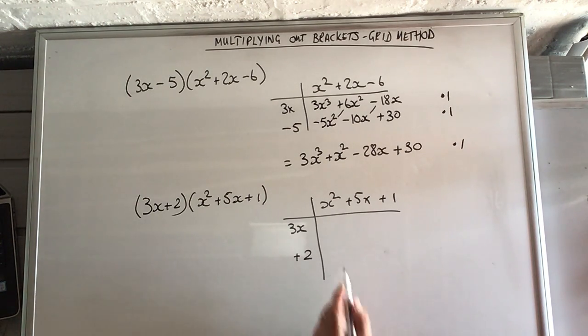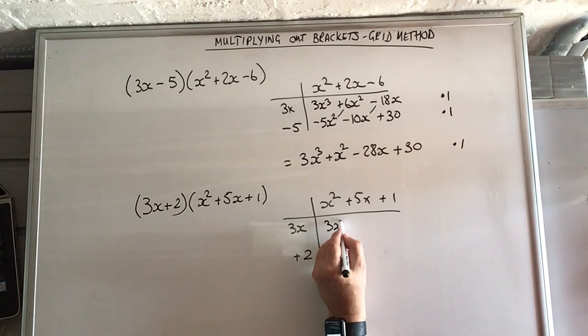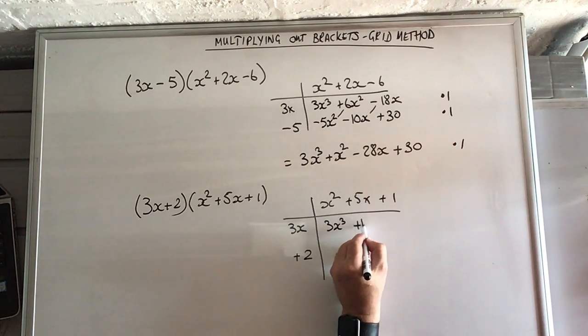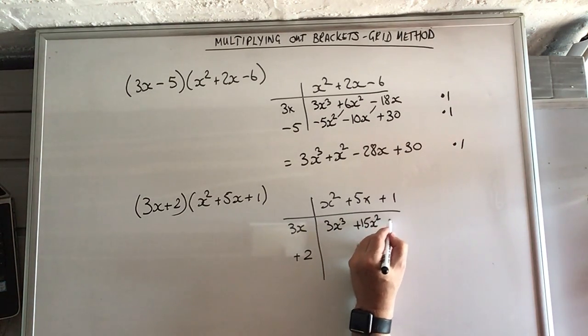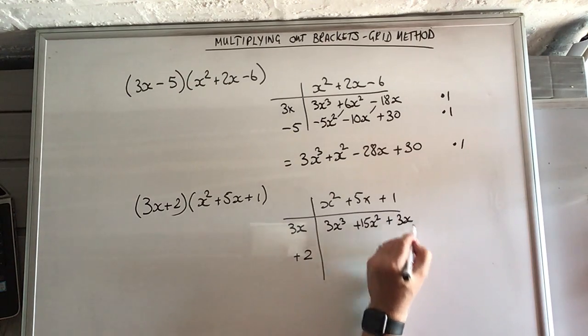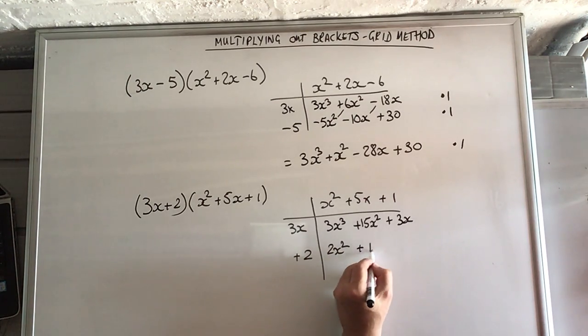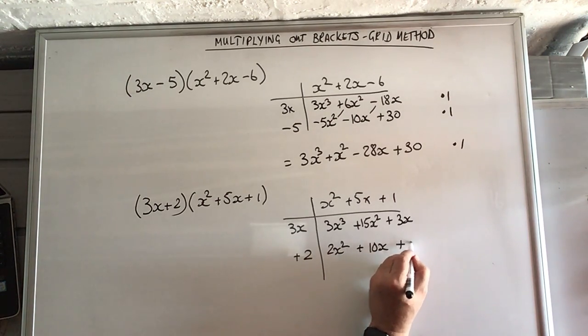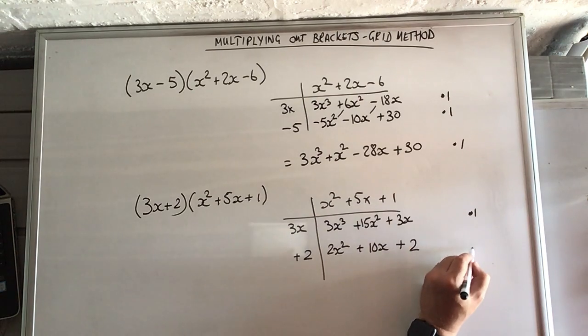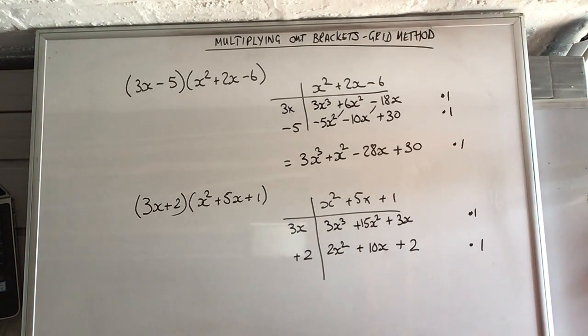So here we go. First row, 3x cubed plus 15x squared plus 3x. 2 times the top part, so that's easy, 2x squared plus 10x plus 2. There's your first mark in the exam, second mark in your exam, and your tidy up final mark, 3x cubed. That's 3 times x cubed.